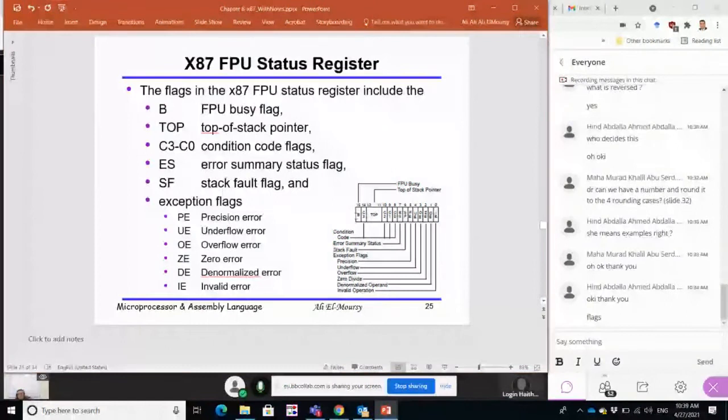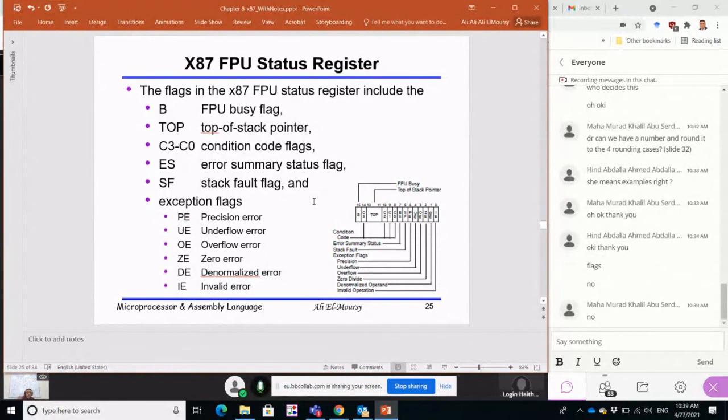What's the busy flag? Remember that there is a significant difference in speed between the X86 and the X87. If the X86 takes 1 cycle to perform addition or subtraction, can you imagine or anticipate that the X87 will take 1 cycle to do floating point addition?